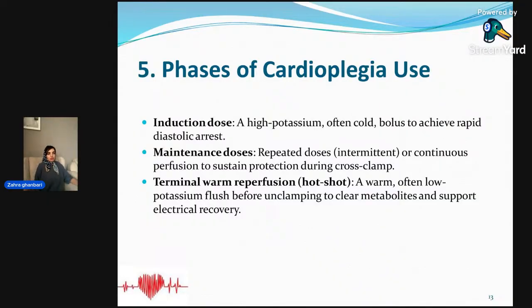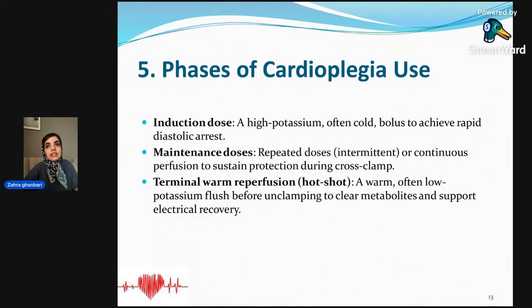So it depends on which type of cardioplegia you use. And maybe the question is why we need a maintenance dose. Potassium gradually decreases because of natural leakage, hemodilution, excretion, and metabolism, so we need to add a maintenance dose. But another question is why the maintenance dose is less than induction.